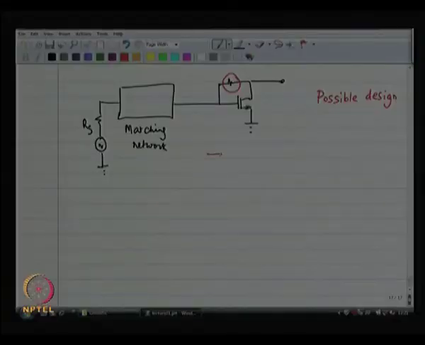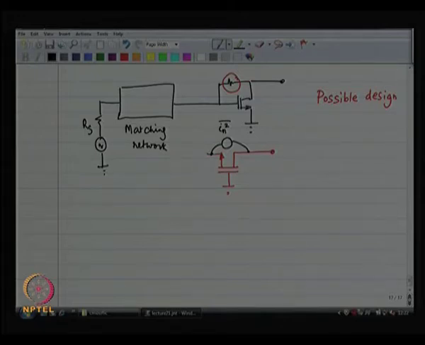So, this is also a possible design. Okay. There are problems with this also. The problem with this is that the channel noise, which comes in shunt with the channel, noise is also proportional to GM of the device.